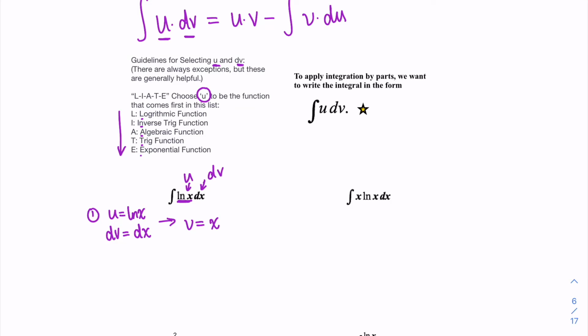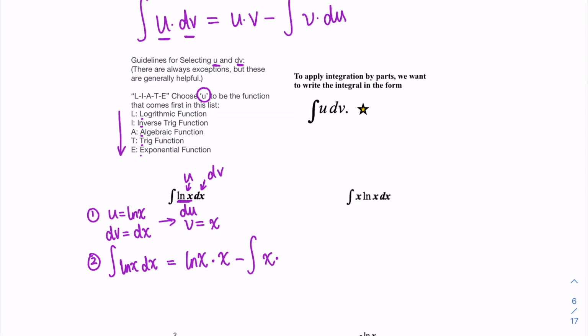Next, the integral of ln x dx equals u times v, so it's ln x times x minus the integral of v times du.